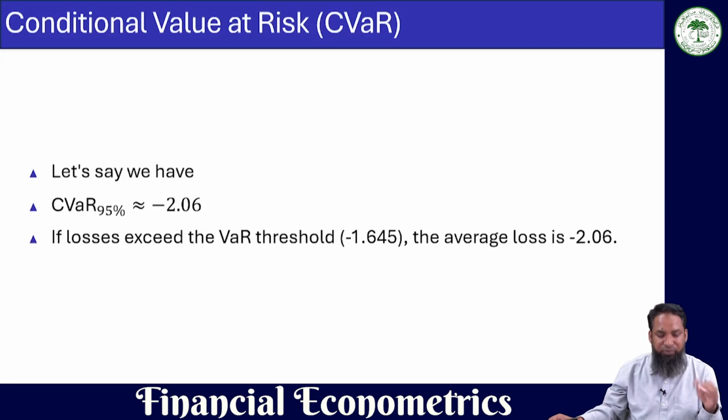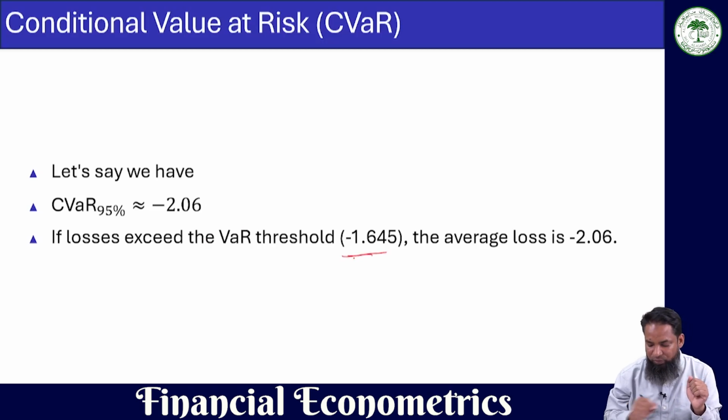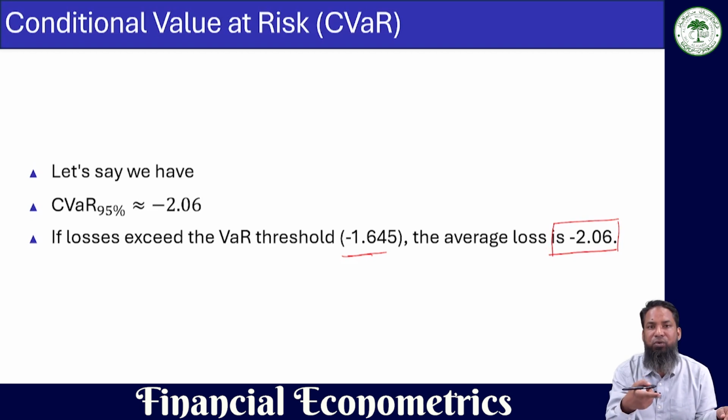So for example, let us say we have the conditional value at risk at 95% as minus 2.06. That means if the losses exceed the value at risk threshold of 1.645, the average loss could be minus 2.06. So that's why it is called conditional value at risk. It is conditioned upon the value at risk threshold.